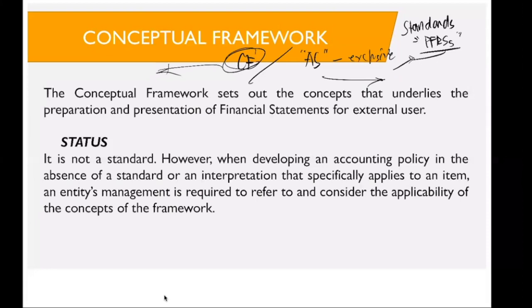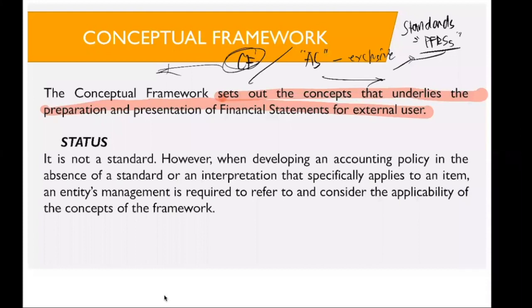But now, what is a conceptual framework? Conceptual framework sets out the concepts that underlie the preparation and presentation of financial statements for external users. So actually, conceptual framework provides the guidelines in the creation of your accounting standards. It provides concepts and different topics to help the formulators of accounting standards in their creation.